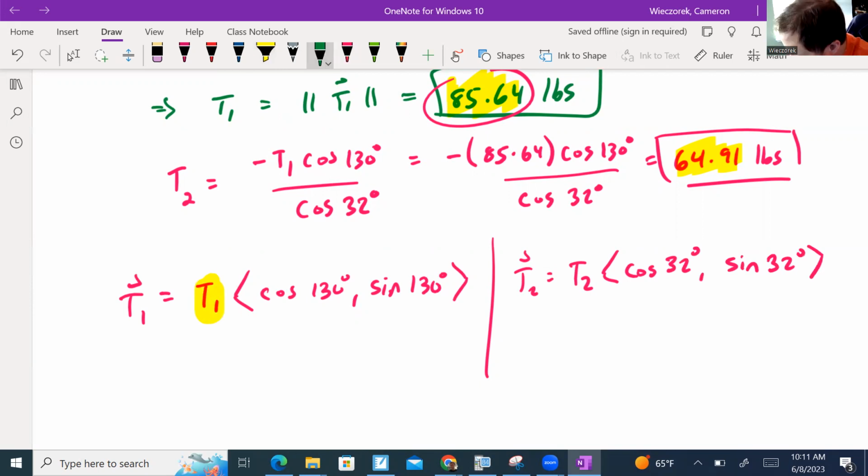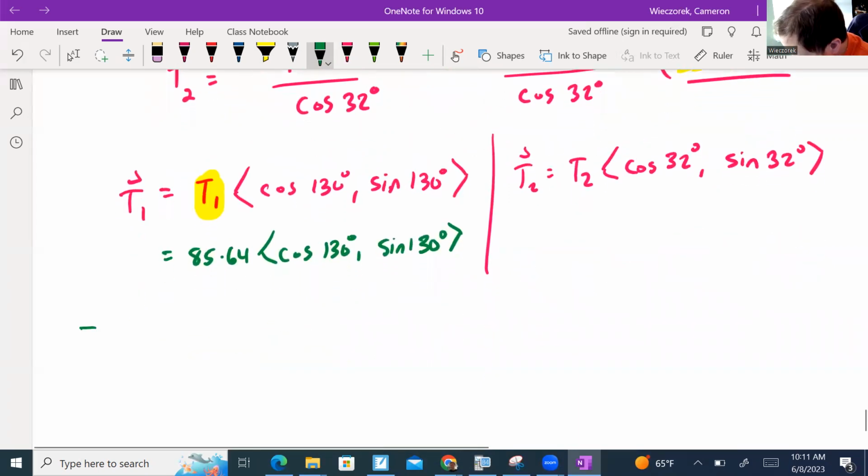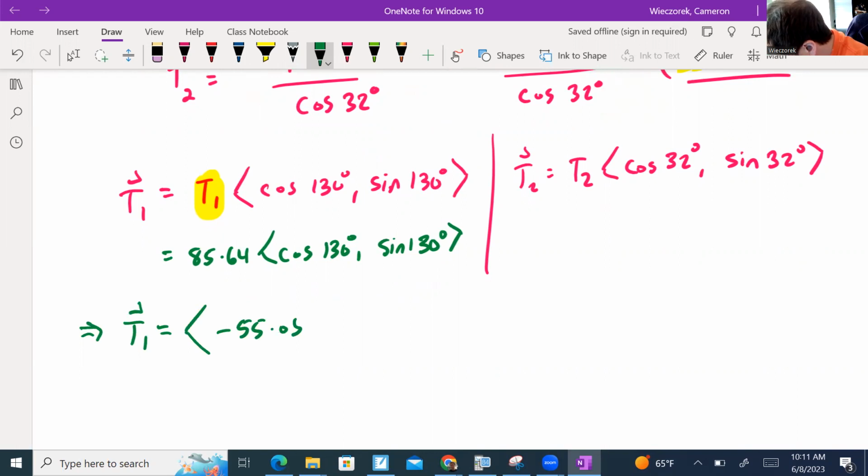We need to put in our 85.64 and multiply that by cosine 130, sine 130. So T1 is represented by the vector, plug these into your calculator, I got negative 55.05 in the x direction, 65.60 in the y direction.